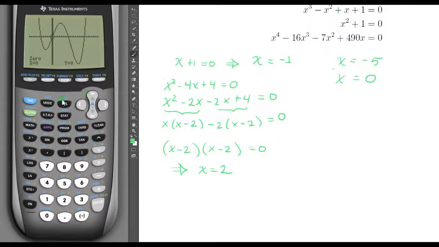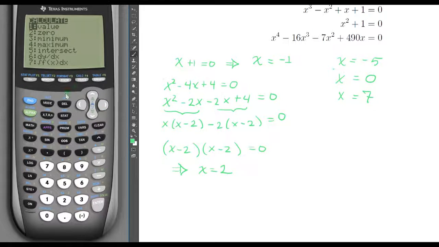And then again, I'm going to do the same thing, second calc, 2. The left bound of this guy, press enter. The right bound, press enter. Guess, x equals 7. And then we keep going.